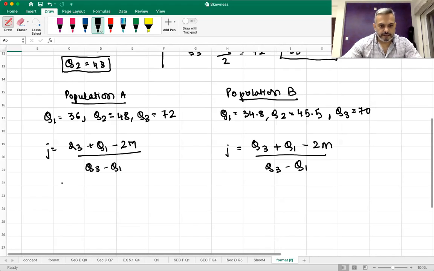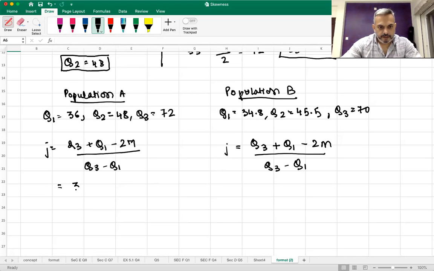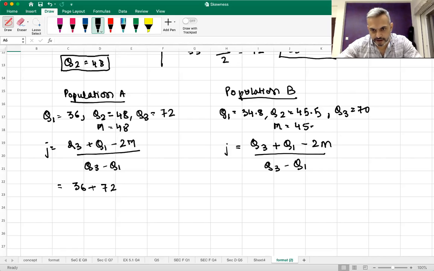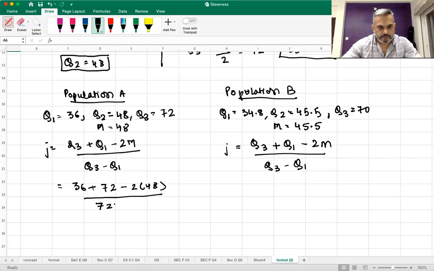So let's put in the values and see. 36 plus 72. Obviously, Q2 is median, which is equal to 48. You can write if you're getting confused. Okay, median is equal to 45.5 because we are using M in the formula. So minus 2 into 48 upon 72 minus 36.